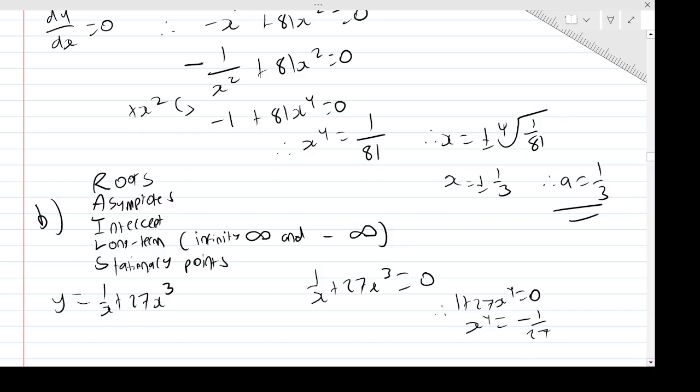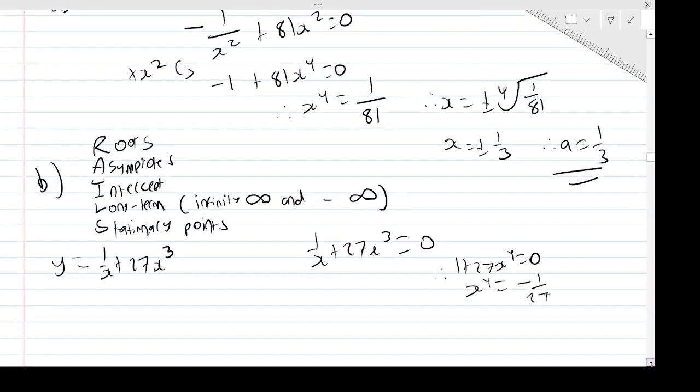Well, hang on, we're going to be taking the 4th root of this. That cannot happen. If you did the 4th root of this in your calculator, it should give you an error, right? So that has no solutions. So because of that, there are actually no roots in this case. So we can tick that off.